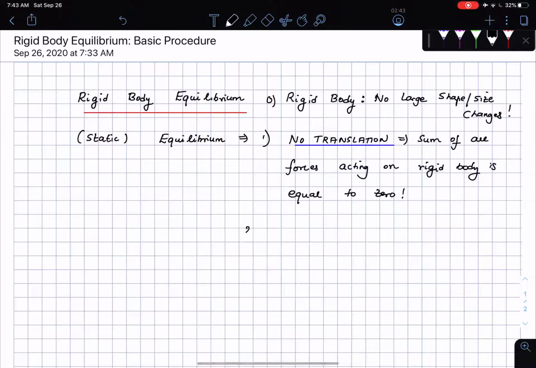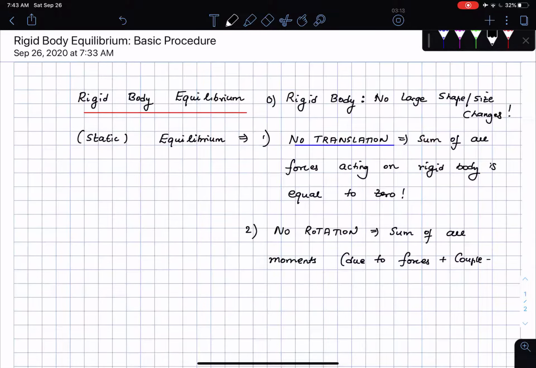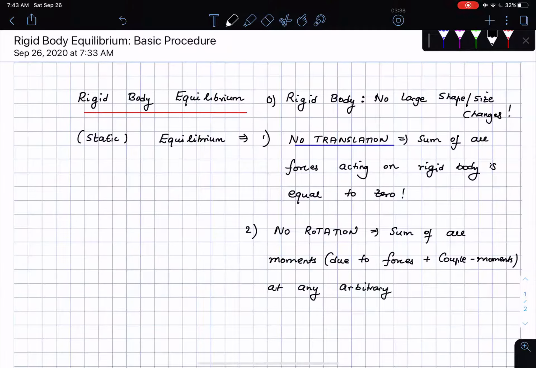The second thing is no rotation, which implies that the net moment, or the sum of all moments due to the forces and due to couple moments acting on the body at an arbitrary point, at any point on the body, is equal to 0.